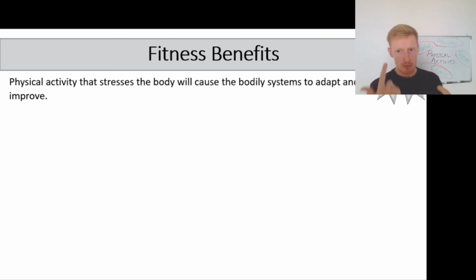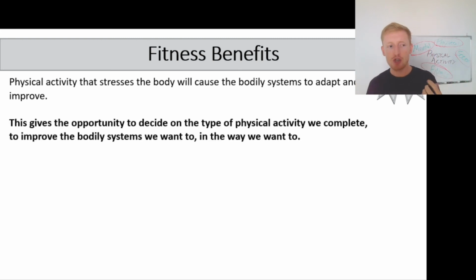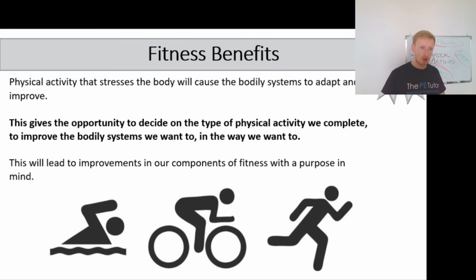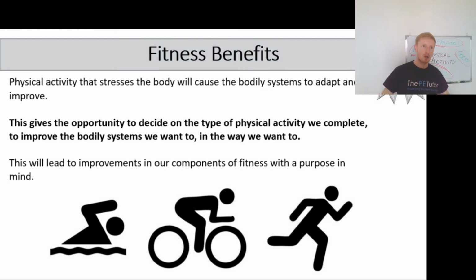Contracting muscles, moving, expending energy. But if we do choose to pursue a certain sport, pastime, recreational activity, if we choose something because we enjoy it and we've set goals in it, then what we can do is link that in with the rest of our physical activity.